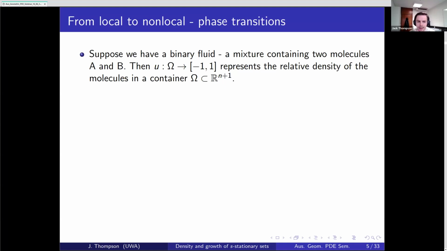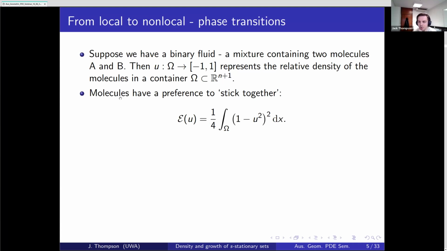We model this with a function u that goes from omega, our container, to [-1, 1]. 1 represents a lot of A molecules, and -1 represents a lot of B molecules, and u represents the relative density of the molecules in the container.